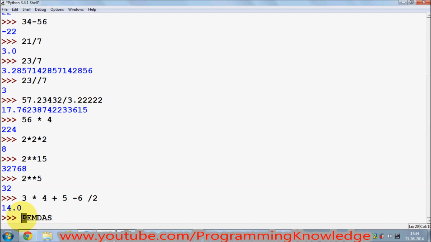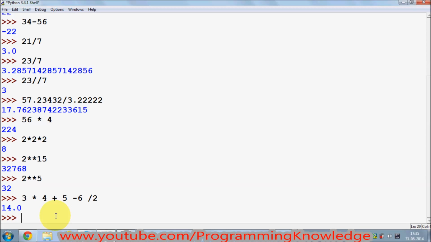P stands for parenthesis, E stands for exponents, M stands for multiplication, D stands for division, A stands for addition, and S stands for subtraction. And the way you remember this is you can abbreviate it as Please Excuse My Dear Aunt Sally, if you want to remember this order, okay. So this will be the priority, or the order of your operations.